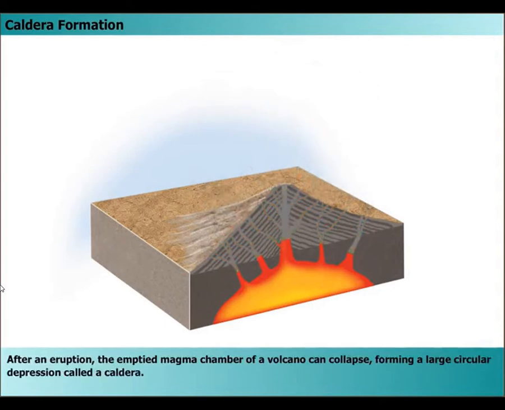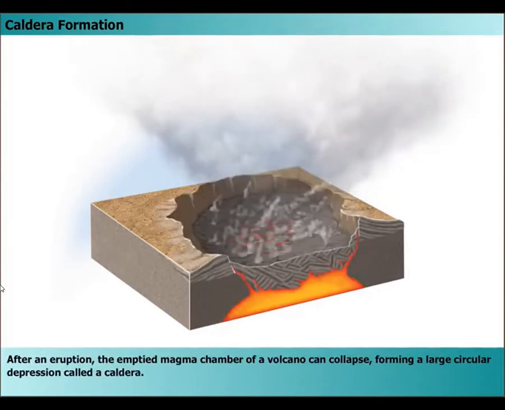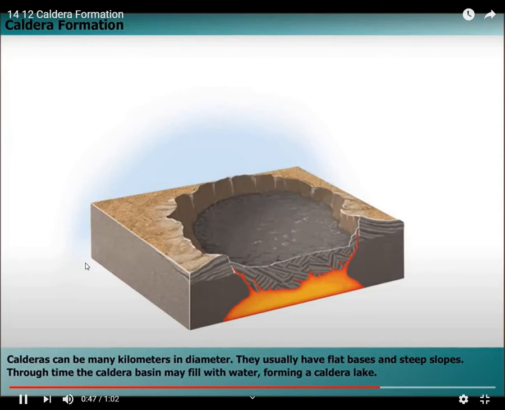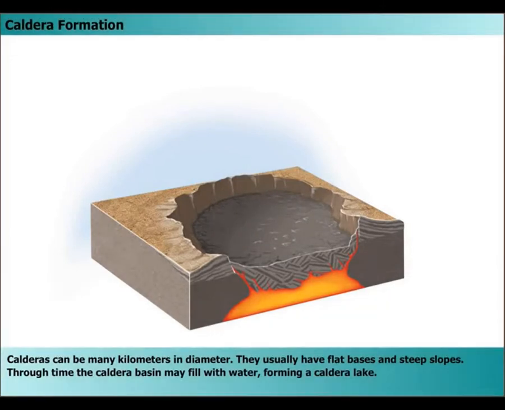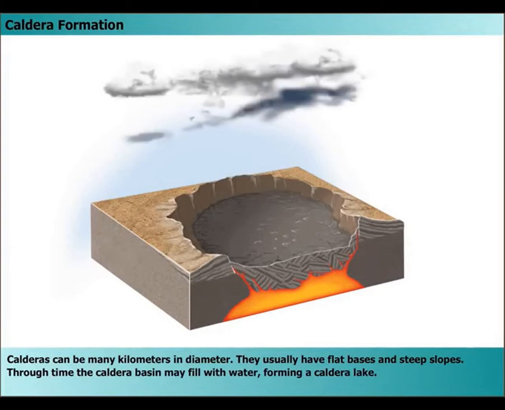After an eruption, the emptied magma chamber of a volcano can collapse, forming a large circular depression called a caldera. Calderas can be many kilometers in diameter. They usually have flat bases and steep slopes. Through time, the caldera basin may fill with water, forming a caldera lake.